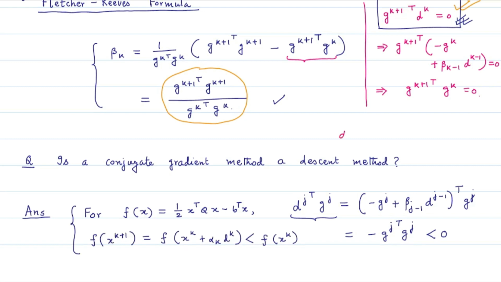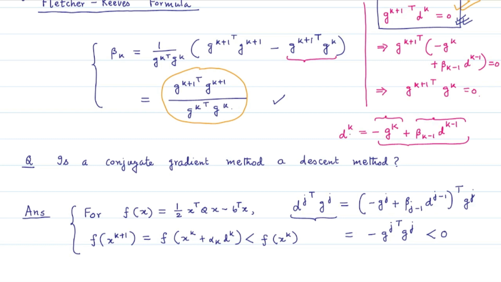You notice that the direction d_k used in the conjugate gradient method is a deflected steepest descent direction: the negative gradient at x_k plus a bit of deflection, beta_{k-1} times d_{k-1}. So d_k is almost the steepest descent direction, but deflected by beta_{k-1} d_{k-1}.